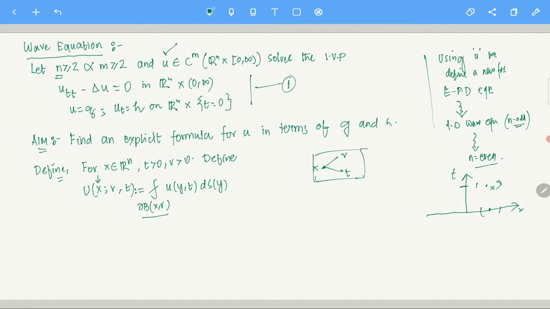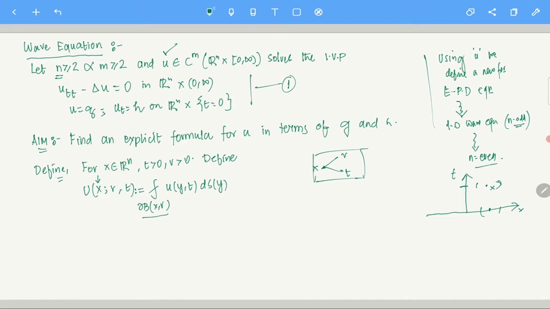Now you can think of this for a given x, right? So you see, this will be a function of r and t. Of course, because if x is fixed, when you change r, this changes because the radius changes. So basically the average will change. It depends on the radius, and the same goes for t also, right?